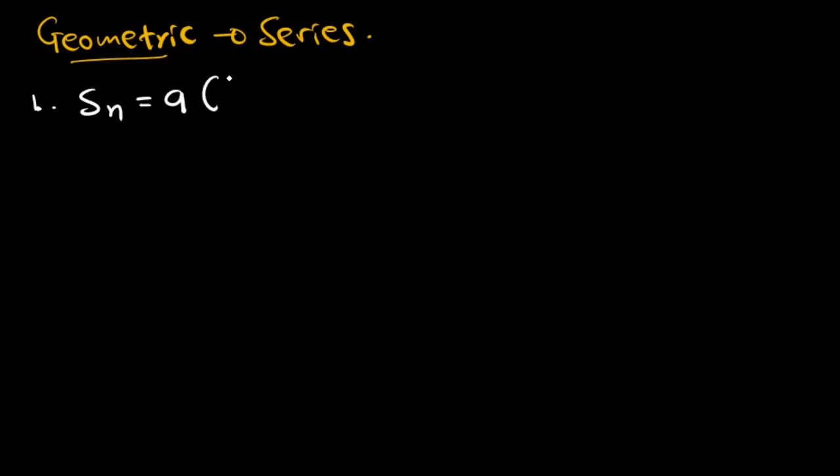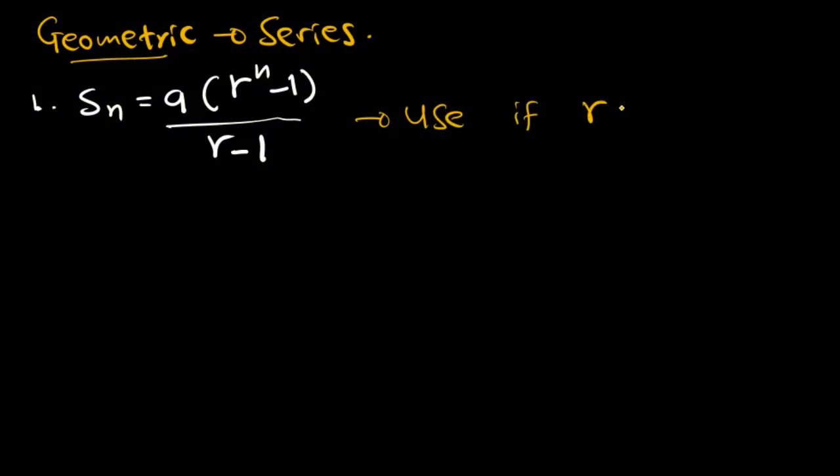Now, let's talk about the geometric series. So we've got formula number 1, which is Sn equals A(R^n minus 1) all over R minus 1. A condition for this one is you use it if R is greater than 1.